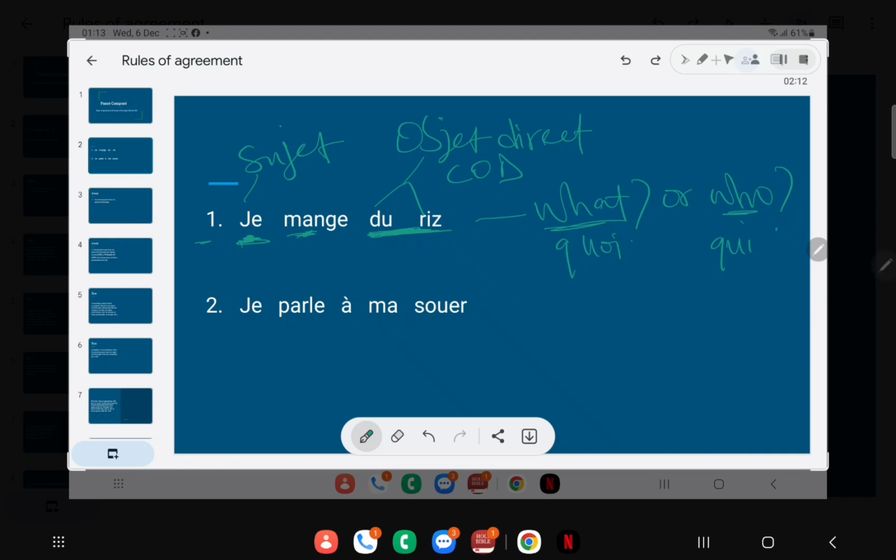Now in the second example, we'll be looking at complément d'objet indirect. So here we have the sujet, the subject.